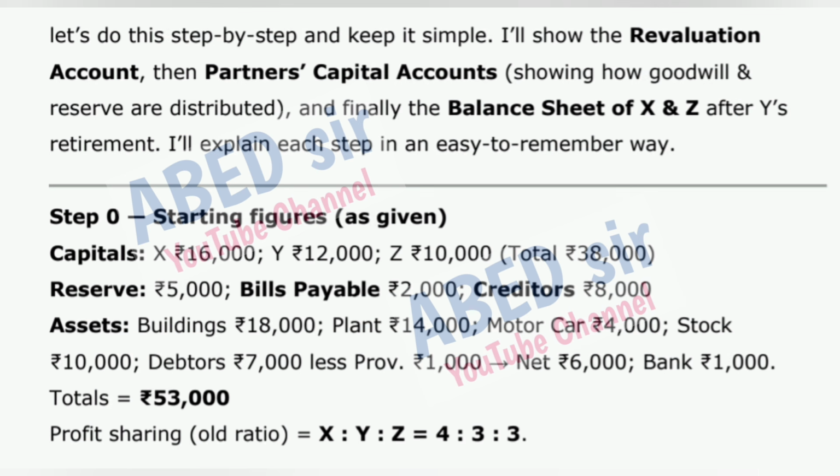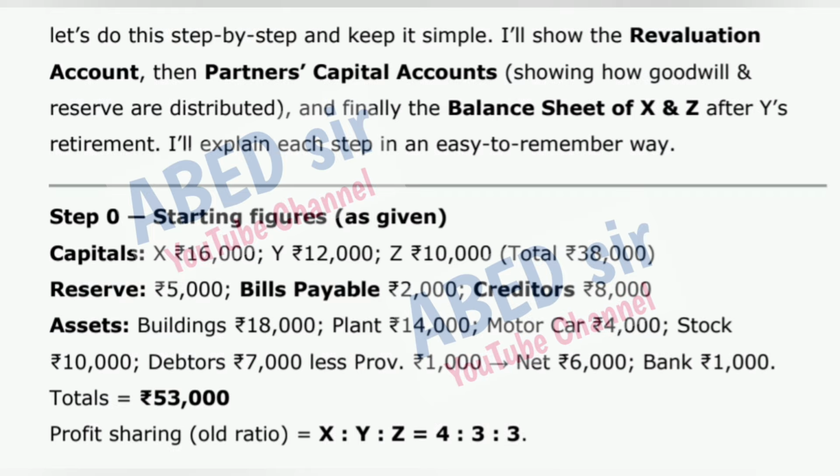Step 0. Starting figures, as given. Capitals: X 16,000 rupees, Y 12,000 rupees, Z 10,000 rupees, total 38,000 rupees. Reserve, 5,000 rupees, bills payable 2,000 rupees, creditors 8,000 rupees.